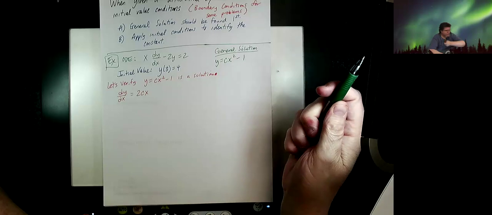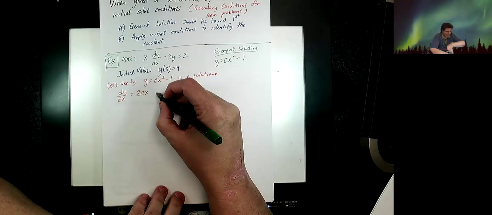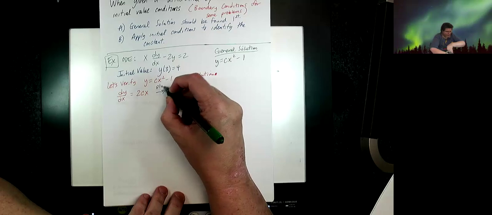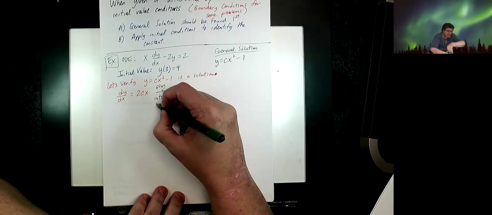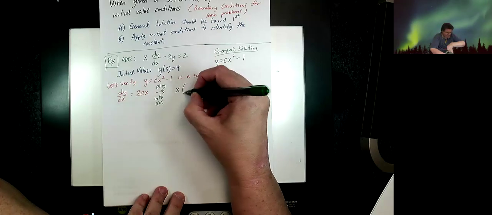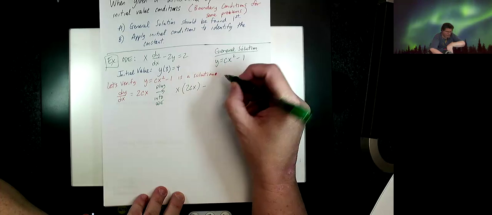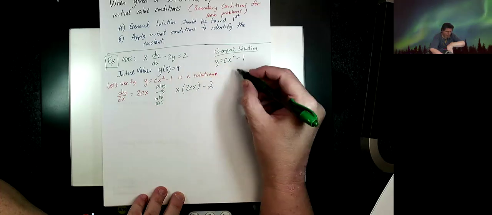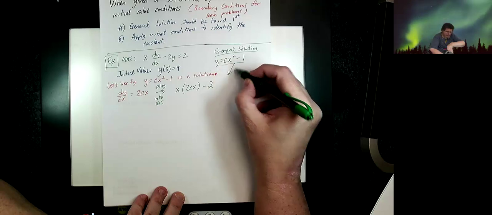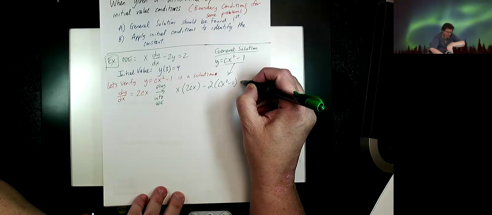All right, straightforward so far. And then we're going to plug that into our ODE. I have x times 2cx minus 2y, but y is that cx squared minus 1, equals 2.